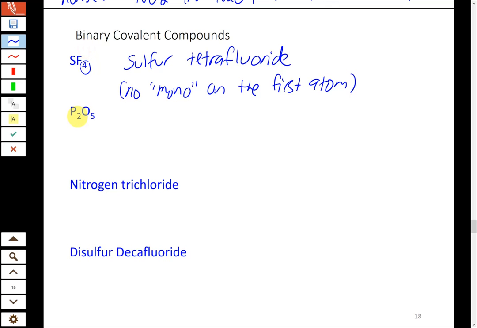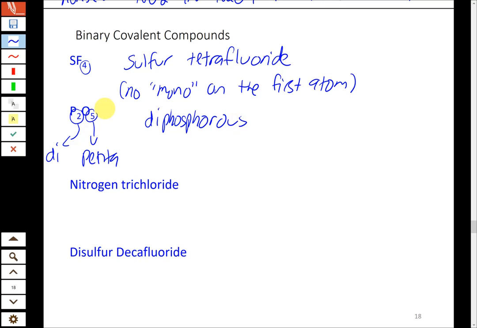For P2O5, the 2 tells us that we need a di prefix, the 5 tells us that we need a penta, and we name the elements in the order that they are in the formula, so phosphorus first. It's going to be diphosphorus because there's 2 of them. I can never spell phosphorus right, but I think that's right, O-U-S.